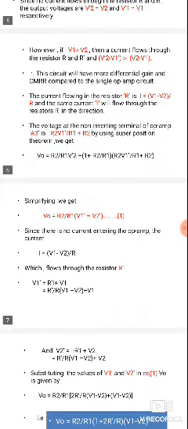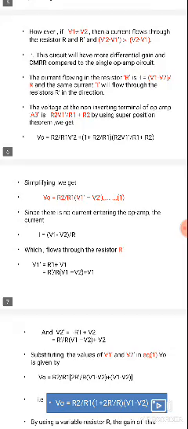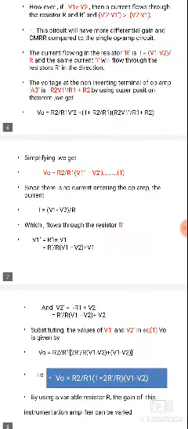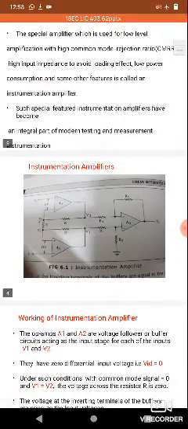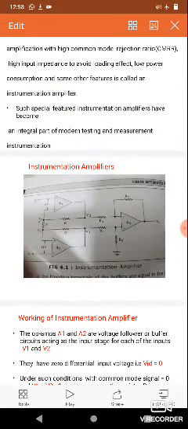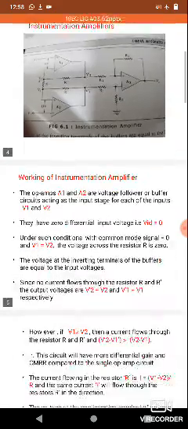Next, the voltage at the non-inverting terminal of op-amp A3. This is A3, which is connected with the non-inverting terminal, R2 and A2.